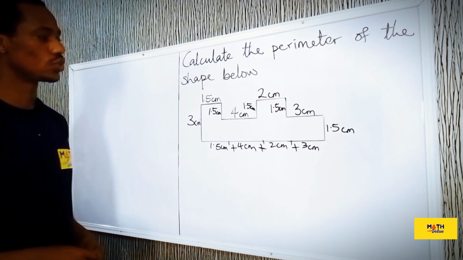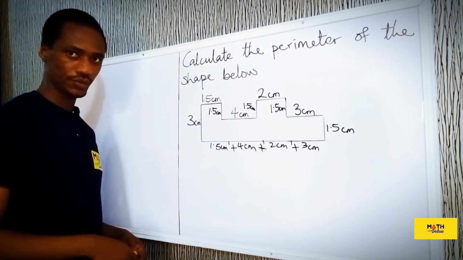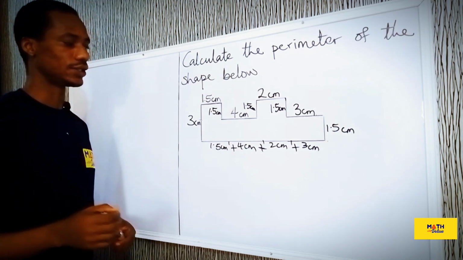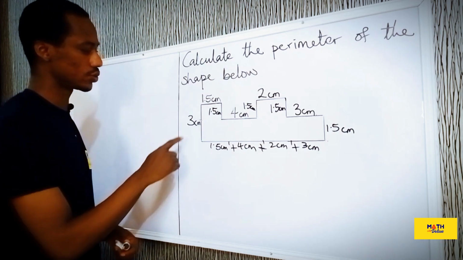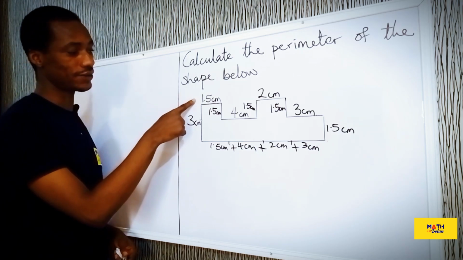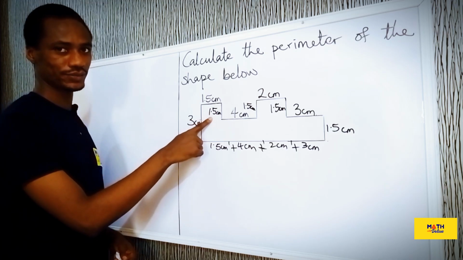For us to do this, we can then add everything together. So I'm going to quickly do that. We have 3 plus 1.5, 4.5, plus 1.5.